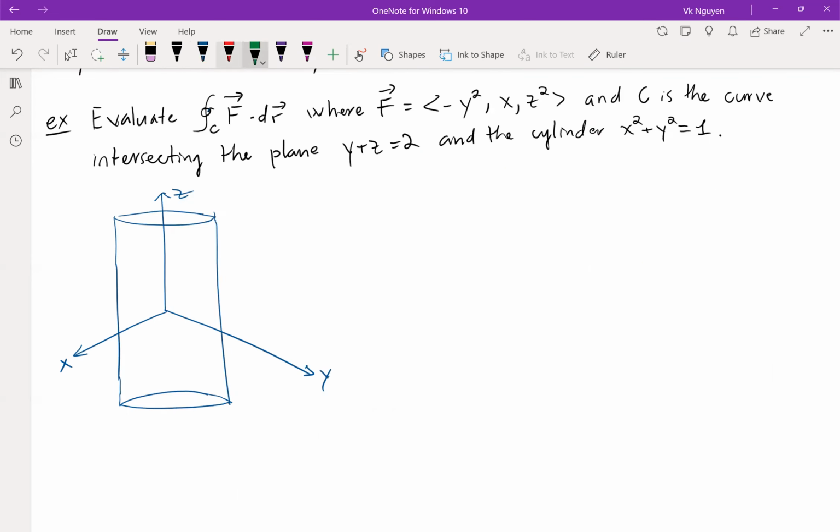Cylinder, and then the plane is gonna cut through this cylinder, so somewhere it's gonna be 2 and 2 right here. The plane is gonna cut through.